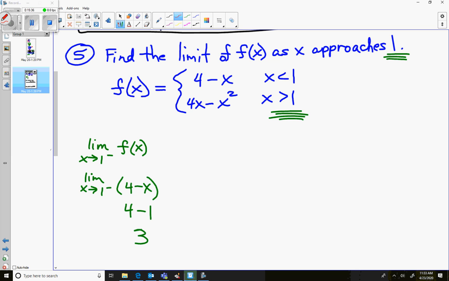All right, now let's do the right-hand limit. So the limit as x goes to 1 plus, so coming from the right, of the actual function. Now, when I come from the right, what piece of the function are we looking at? The quadratic part. And again, everywhere I have an x, I can plug in the 1.